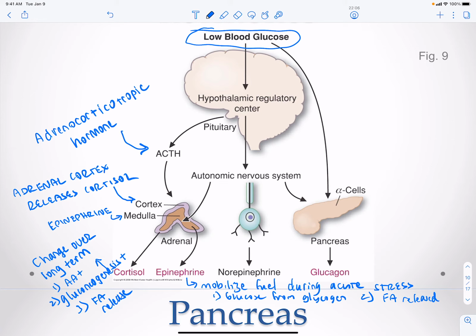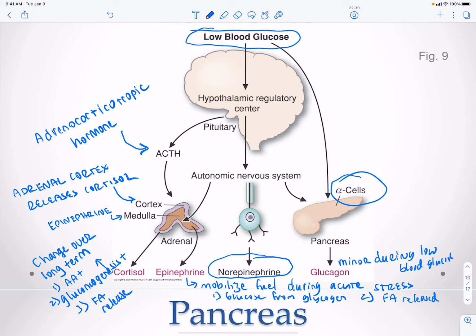And norepinephrine is going to come from nerves. There is also, with respect to low glucose level, a minor role in the release of glucagon. And of course, your glucagon will be coming from the alpha cells of your pancreas.